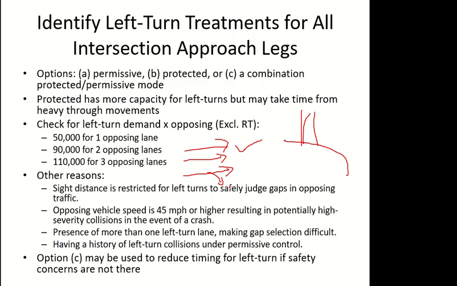In this case, I have three lanes with these movements. How many lane groups will I have? Anyone? Is it one lane group, or two lane groups, or three lane groups? How many?